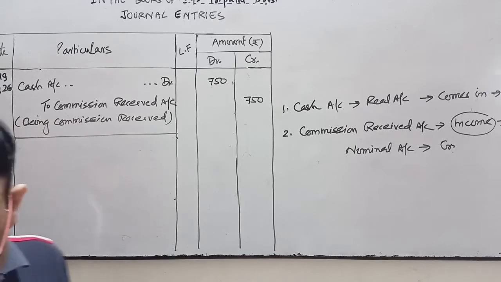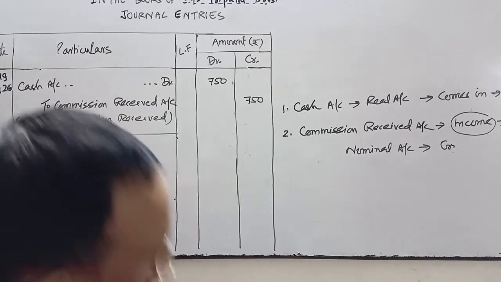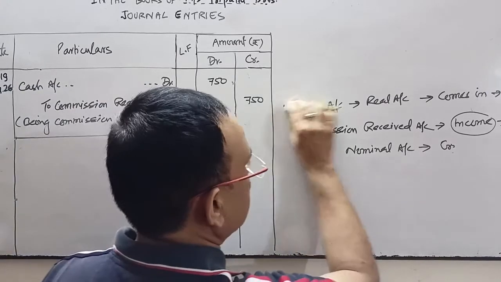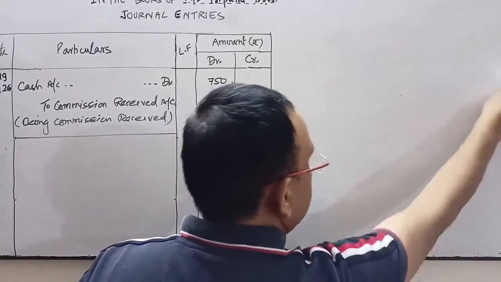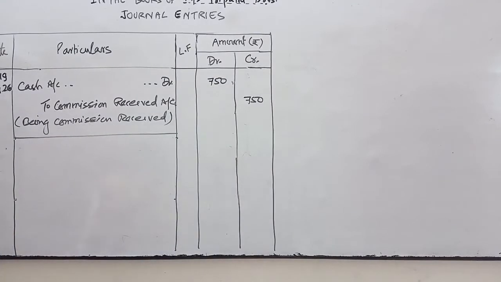Okay, commission received is our income. All incomes and gains are credited by us under the rules of which account? Under the rules of nominal account. Next transaction is paid salary to Gopal. We have paid the salary to Gopal. Who is Gopal? Gopal is the employee. We never open the name of the employee.